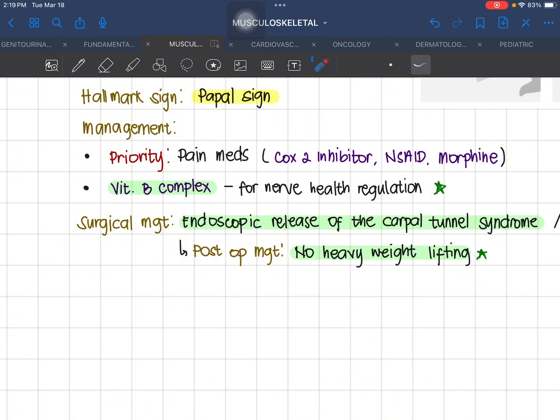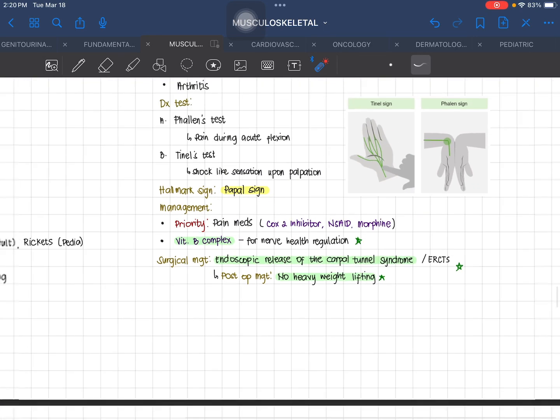And for the surgical management ng carpal tunnel syndrome, we have the endoscopic release of carpal tunnel syndrome or ERCTS. So, kapag tapos ng surgery, you're not allowed to lift heavy objects. So, no heavy weight lifting.